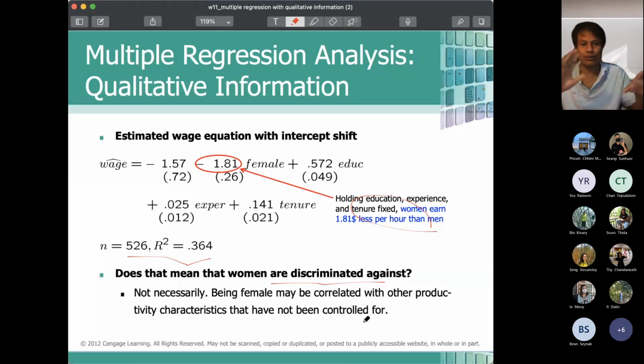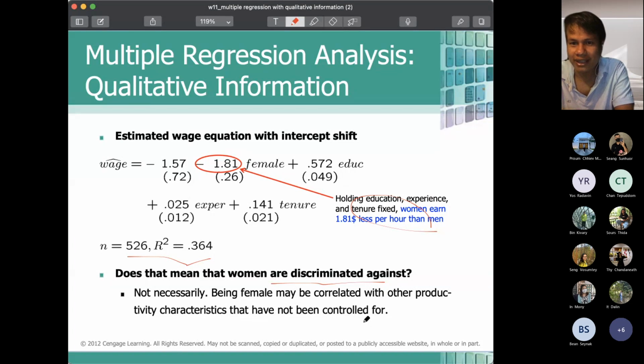Women tend not to work in labor-demanding jobs. So the wage is also different. Okay. So you cannot say that based on this equation, women are discriminated against. So you need to control for other factors.